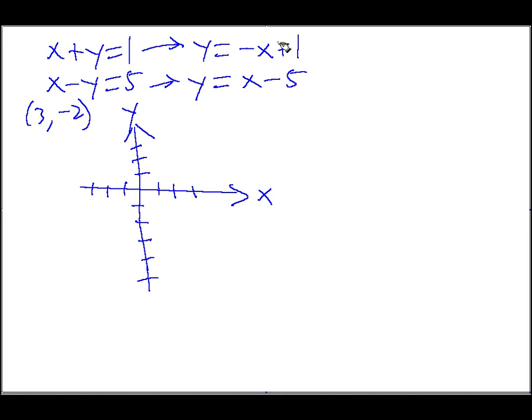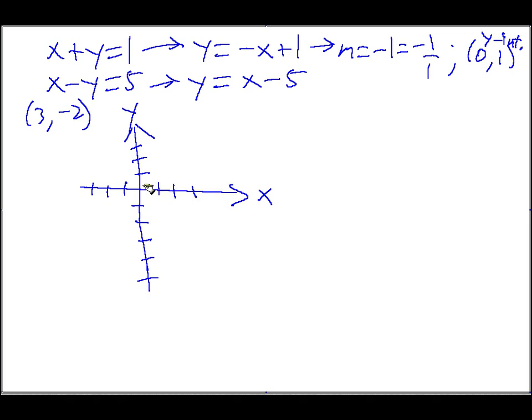All right. So let's graph the first line. The first line has slope equal to negative 1, or negative 1 over 1, that is. And the y-intercept here is going to be what? 0, 1. This is the y-intercept.